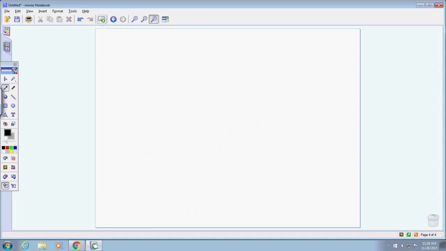Next page. What do we got for another example here? Let's write some steps out real quick. Steps. 1.